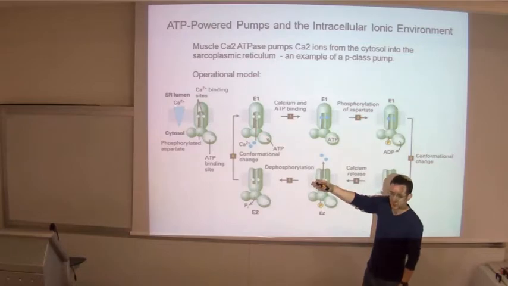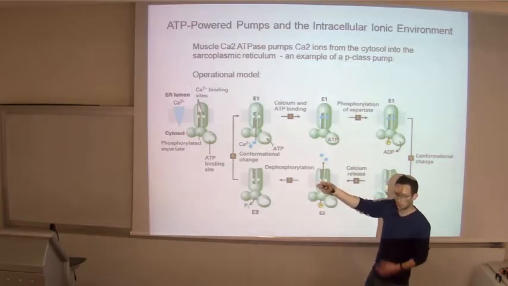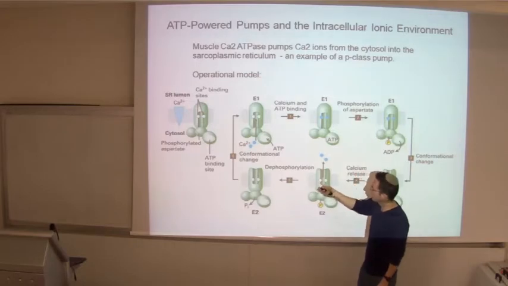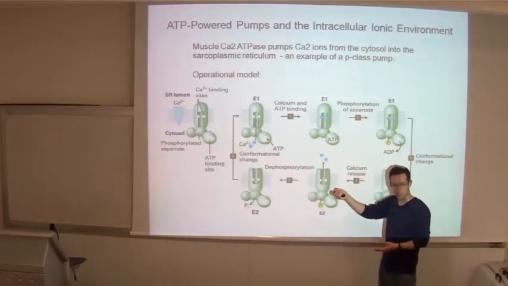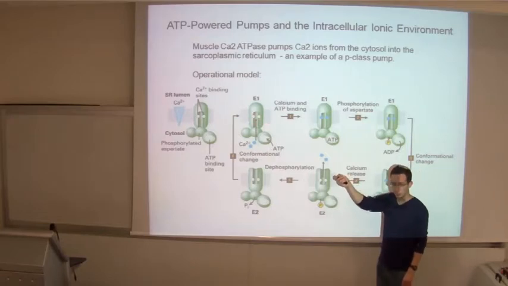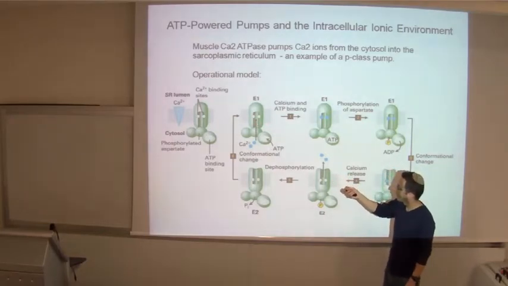The calcium gradient from the sarcoplasmic reticulum to the cytosol is in this direction because we've said that the SR is fully packed with calcium. Okay, so everything starts when calcium from the cytosolic site binds to the binding site in the transmembranal domain. ATP binds to its binding site in the cytosolic domain.